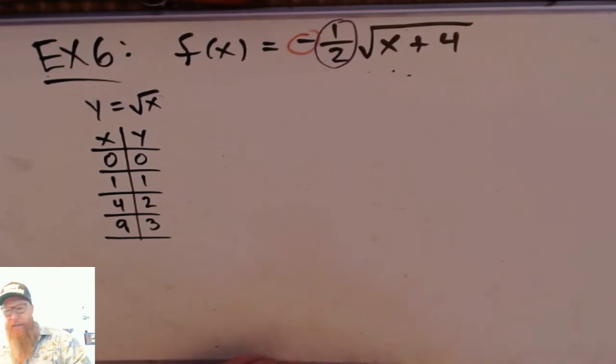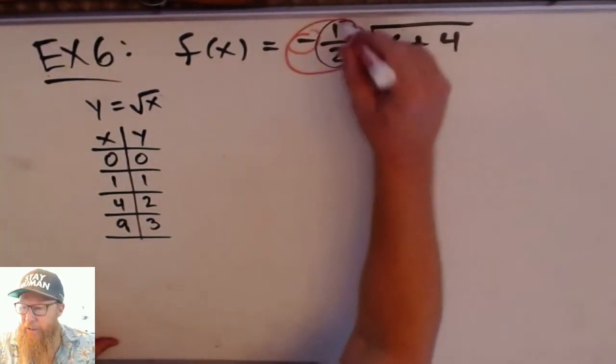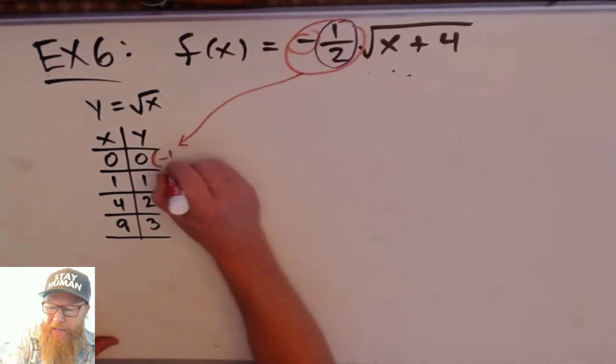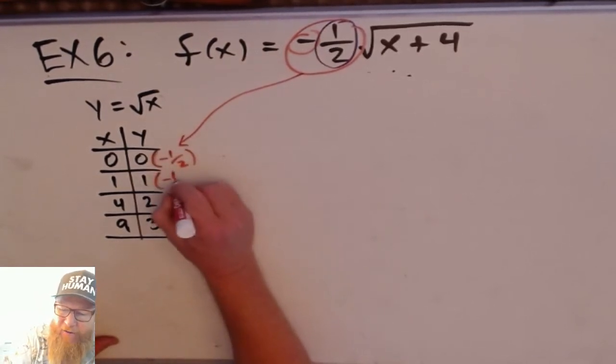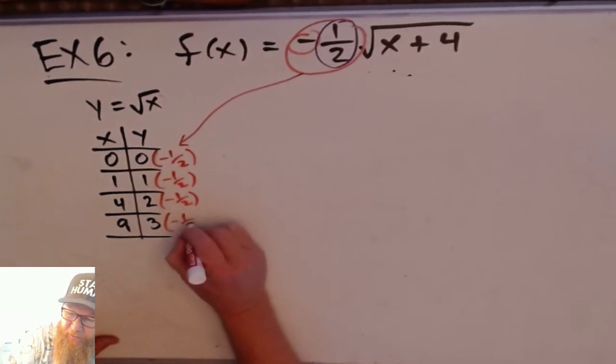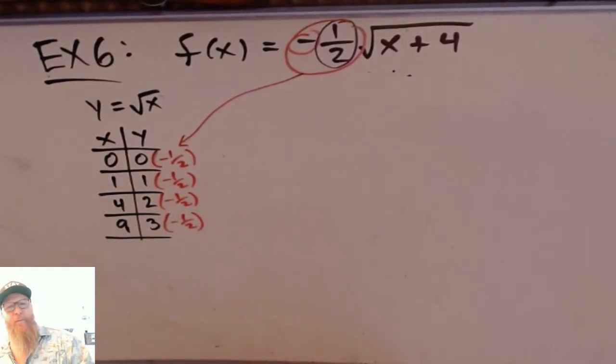Okay. So you can just combine these together. That's going to multiply by -1/2 all the y values. Do that first. Okay. And that's it.